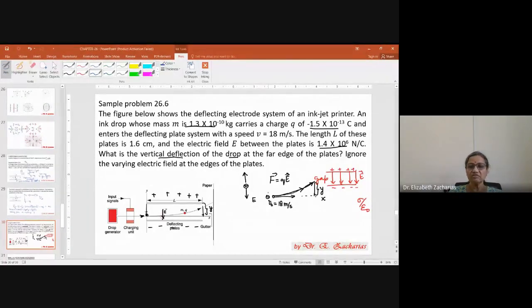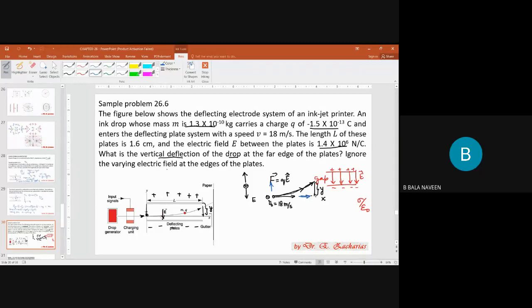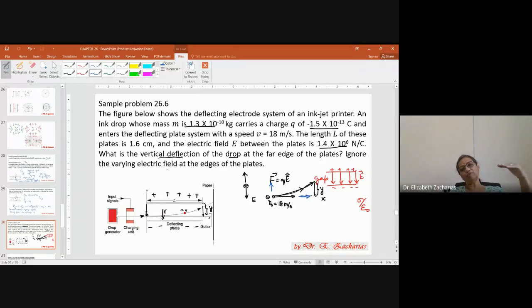Now look at this. If this charged particle is entering along the x direction, is there any acceleration or force? Along the y direction, yes, you know there is a force. But along the x direction, is there any force? No, it has just entered. So it is going to keep moving in this direction with the same velocity.